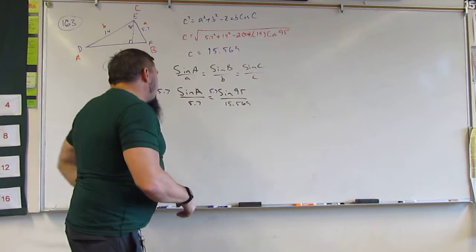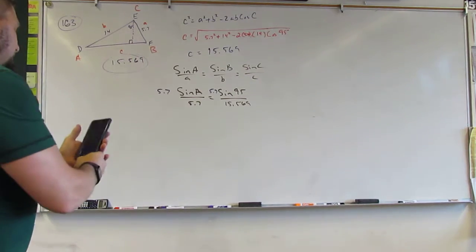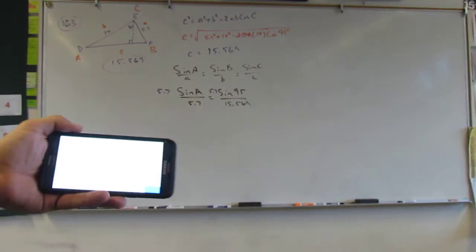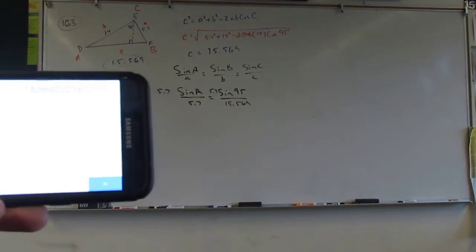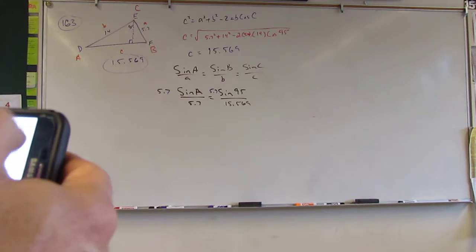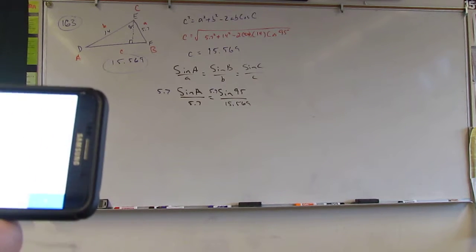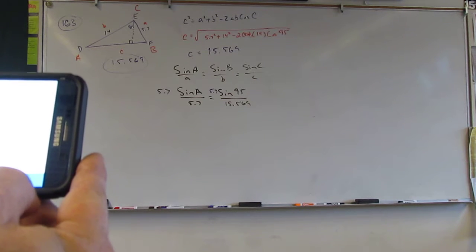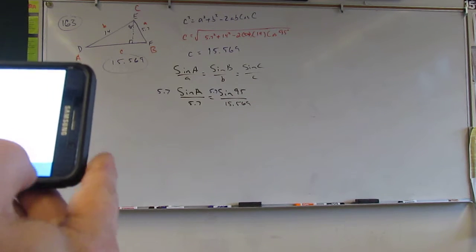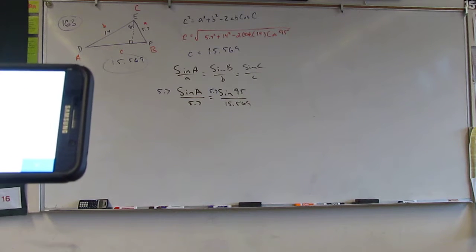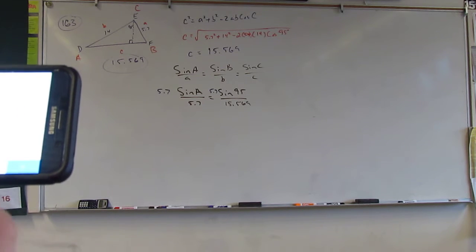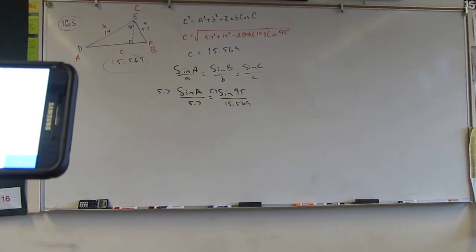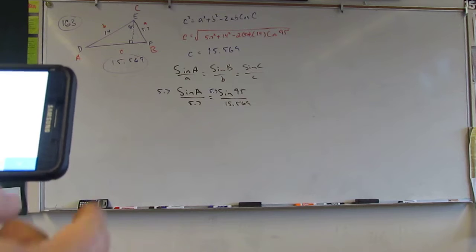Then I'm going to multiply both sides by 5.7. So I'm going to take that number that I just found, and multiply that by 5.7, and also times it by sine of 95.